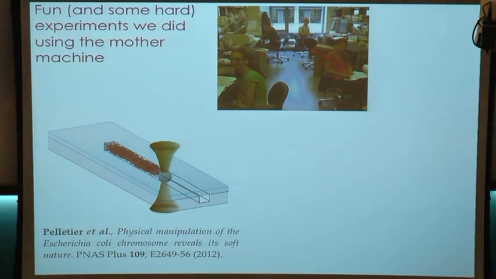One particular question I had in mind was, can we construct an artificial cell-like environment in which we trap the real chromosomes directly isolated from E. coli cells, confine them in a physical space like this, close with the beads, and then physically manipulate these chromosomes using optical traps. Eventually the goal was to replicate these ex vivo chromosomes and see whether we can create a real artificial cell which will self-perpetuate, grow and divide, and grow and divide. What are the conditions?